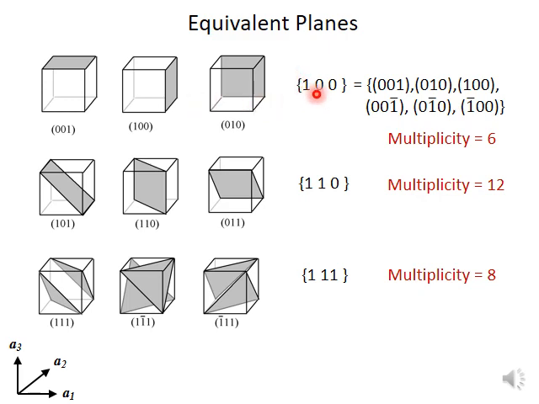So in a cubic system, this 001 is basically the same as 100, which is basically the same as 010, depending on which side you are looking at the crystal from.